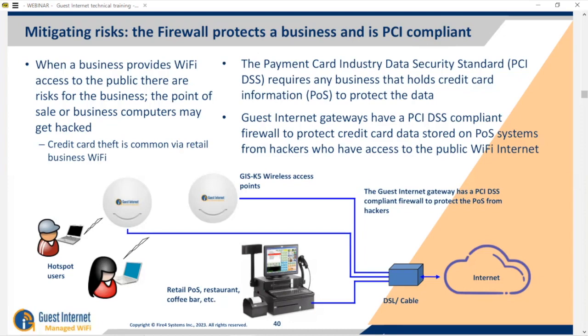It's called the Payment Card Industry Data Security Standard, or PCI DSS for short. And that requires that the business must provide a protection if that business offers public Wi-Fi, as many businesses do. And so the installation of a guest internet product will ensure that the requirements of the PCI DSS compliance are met.